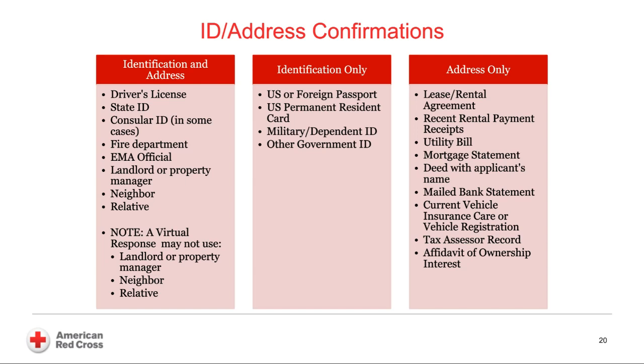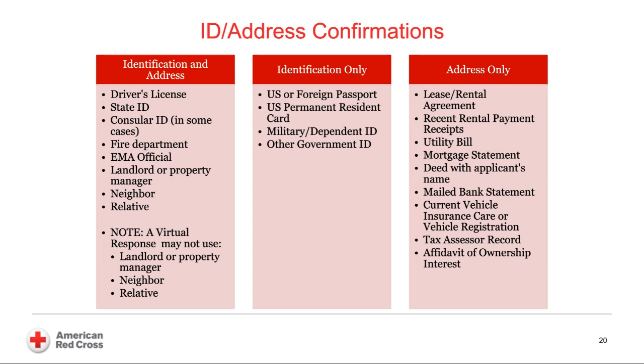On the left column, all the documents listed, and I'm not going to read through them all, are acceptable for ID and address confirmation. So if our clients have any of these listed documents, or the ID and address is confirmed by a landlord, property manager, neighbor, or relative, then that is accepted for ID and address confirmation.